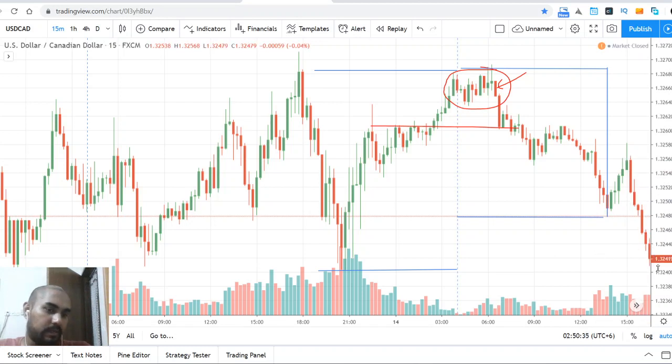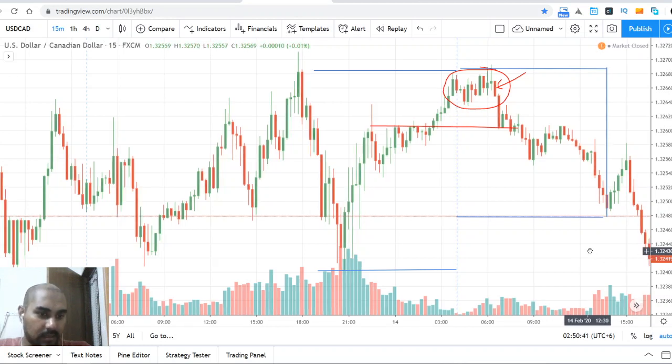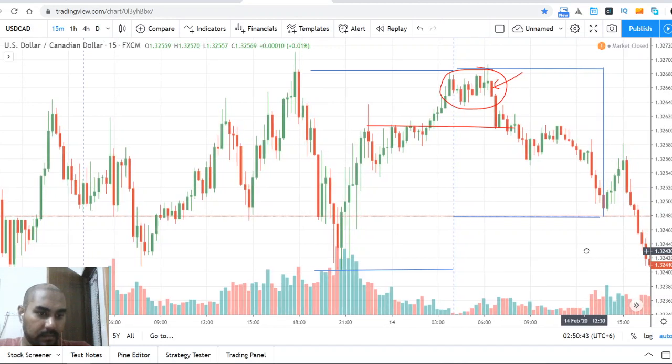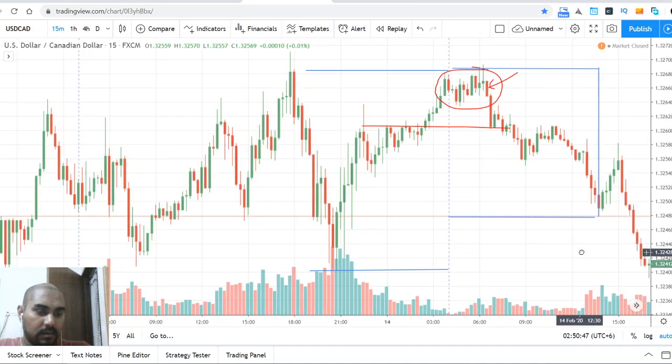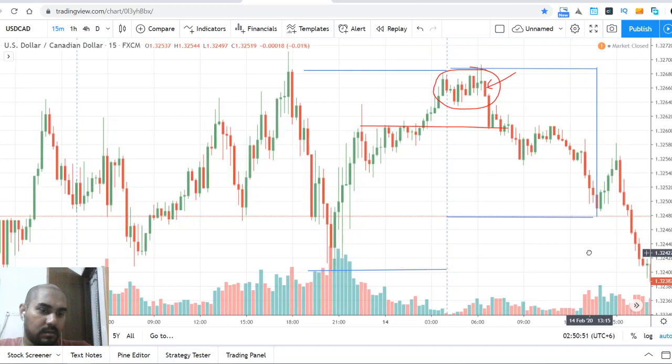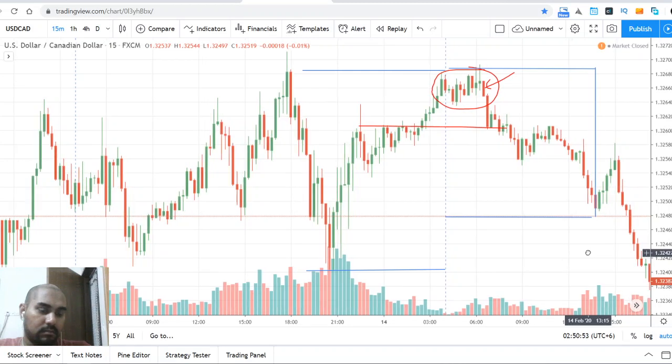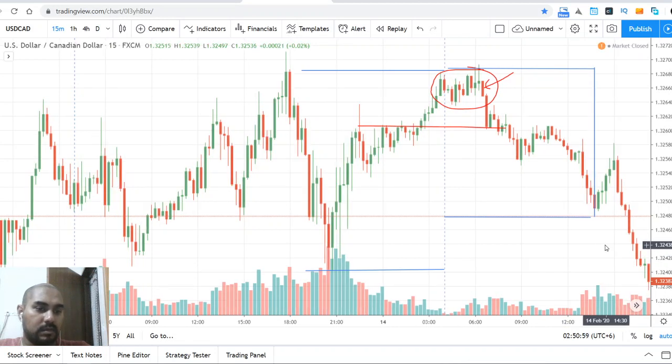So this is power to the sellers again, which is good. Let's see if it stays there. Let's see this move end. Okay. Didn't end yet. That's a strong breakout. Power to the sell side.